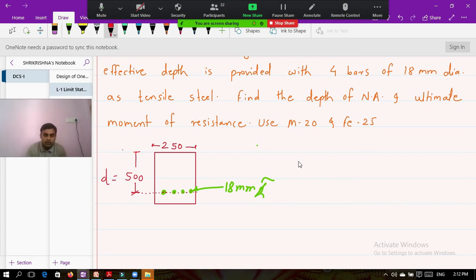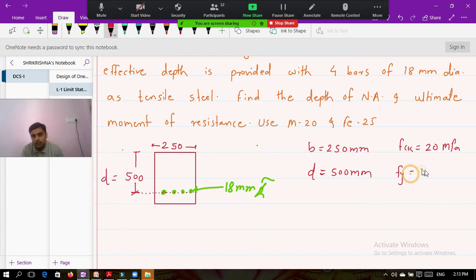So if I write here the given data, b is equal to 250 mm. d is equal to 500 mm. Then fck is equal to 20 Newton per mm square, and fy is 250 Newton per mm square.